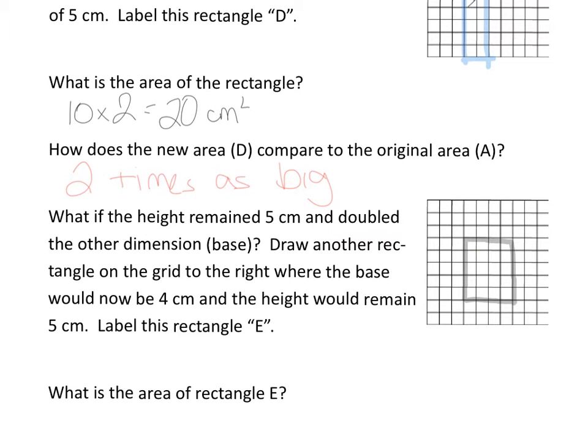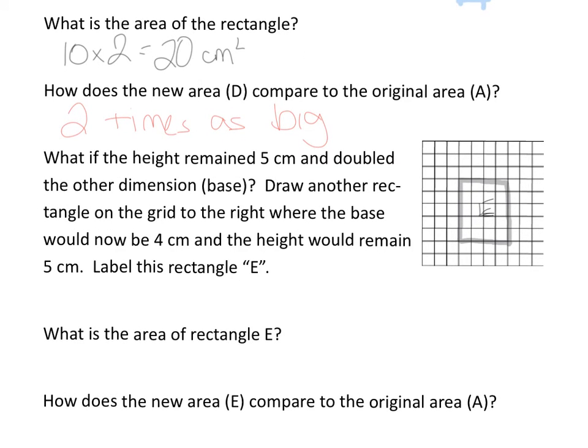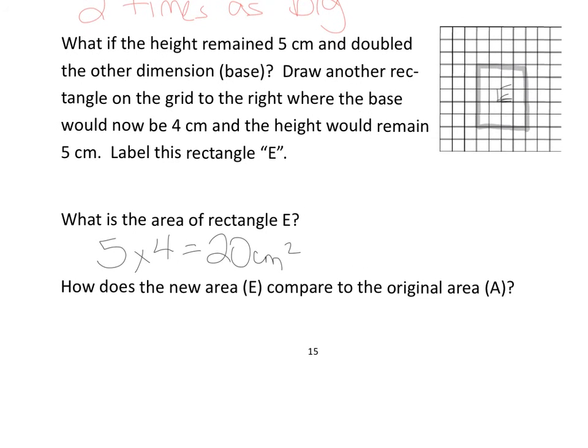And we would label this rectangle E. So what would the area for that rectangle be? We know that it's 5 centimeters high, 4 centimeters wide, and we get 20 centimeters squared. We're asked to compare this to the original area, meaning rectangle A, and we should note that it's 2 times as big.